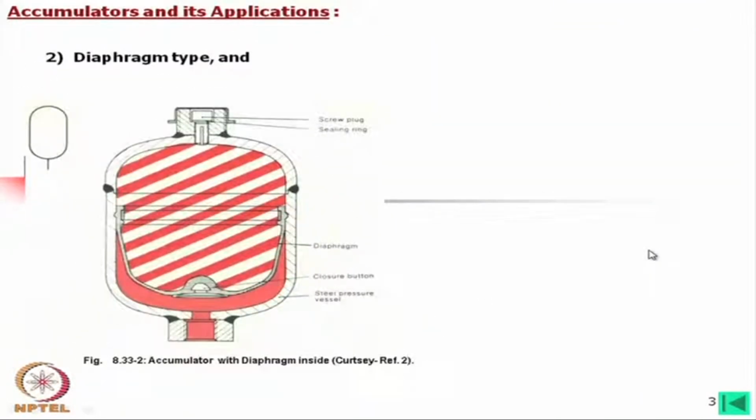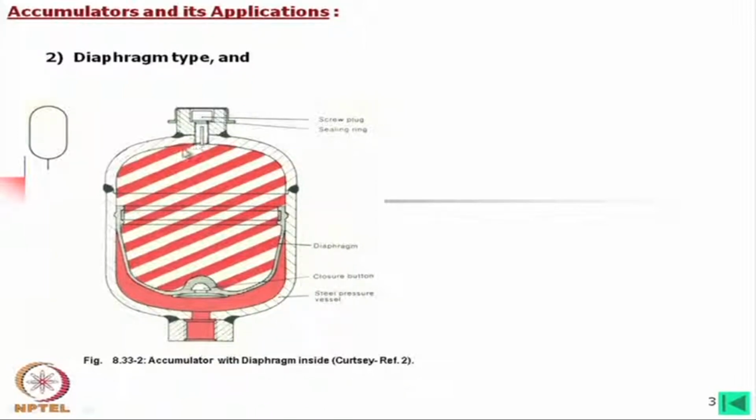Now, the next one is the diaphragm type. In the case of the earlier one, the bladder is filled with gas under pressure. So, when the oil is required from this accumulator, the bladder expands gradually, and the oil has the same pressure as the pressure inside the bladder.